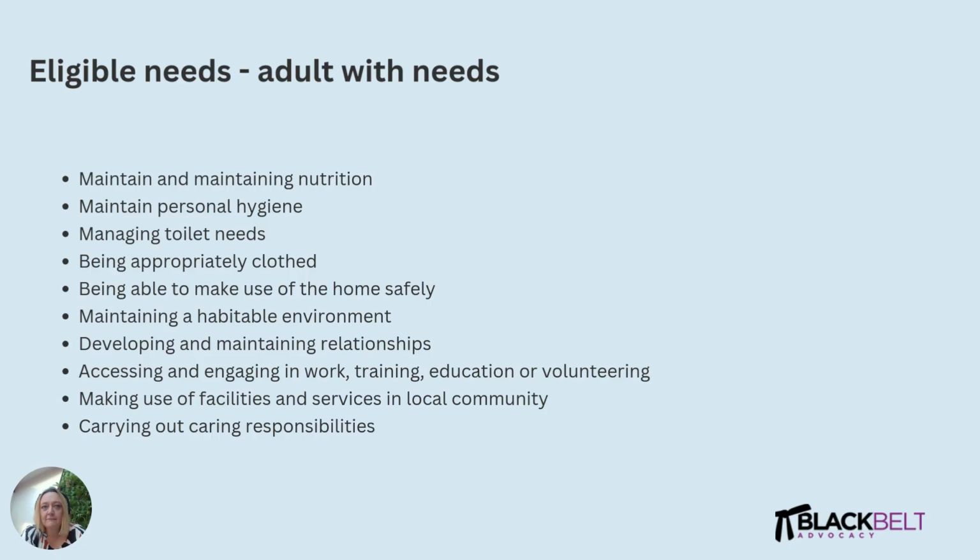Or I have a physical disability that means walking up the stairs is painful, or moving around the house is painful. The local authority might say, well, you can do it, it just takes a bit longer. Well, the Care Act says that if it takes significantly longer or causes pain, then that should be treated as unable to achieve that outcome.